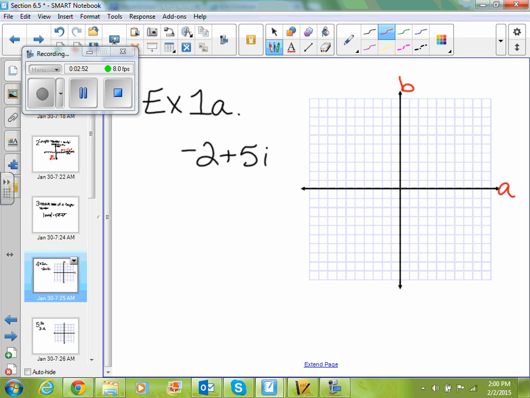If I rewrite this as a set of ordered pairs, I know that my a value is -2, and my b value is 5. So I'm just graphing the point -2, 5. Back to up 5. So there, my point -2 plus 5i would lie in my second quadrant.